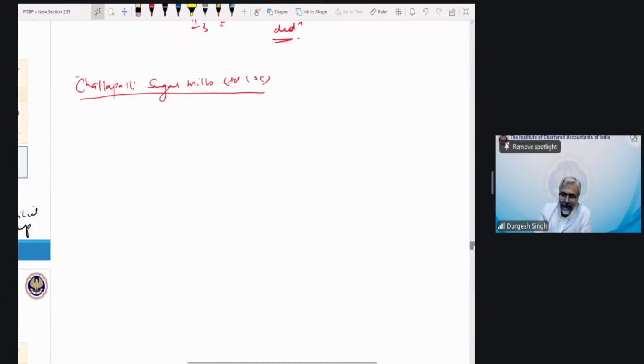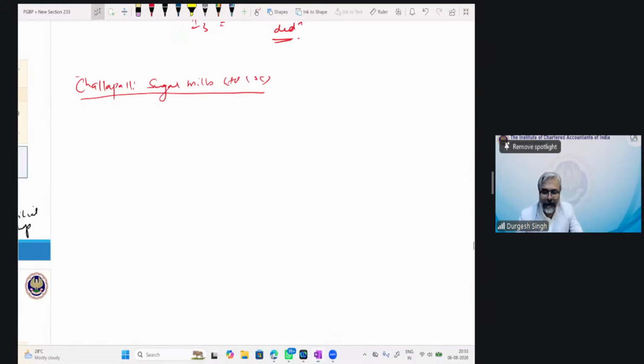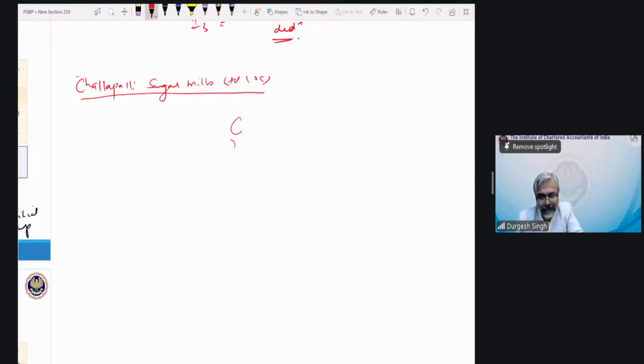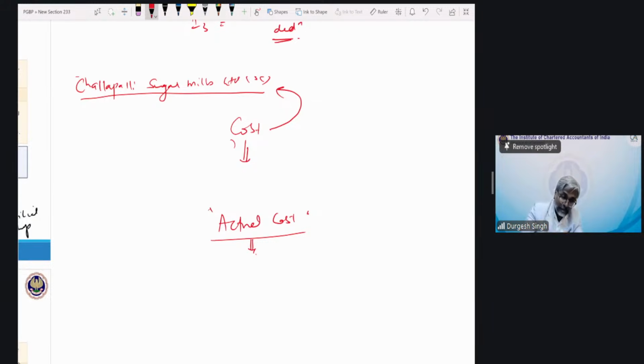Fine, students. So this is the concept of cost. Now, from the cost, we come to the concept of actual cost. First, students, you have to understand what is cost, and after that, the next concept: what is the actual cost?